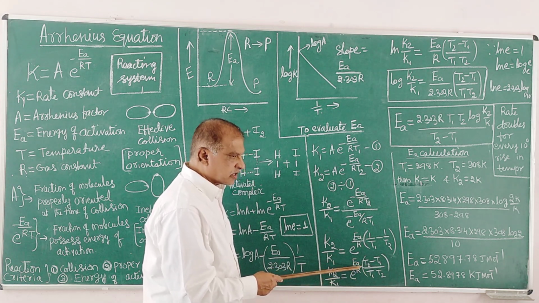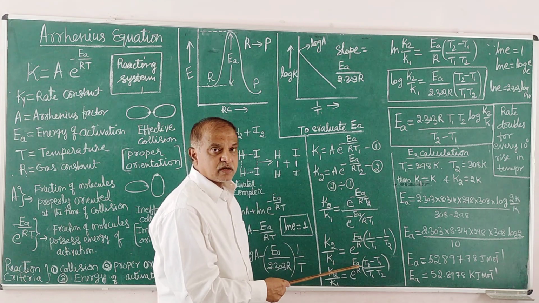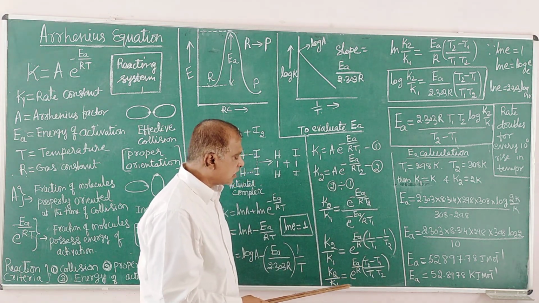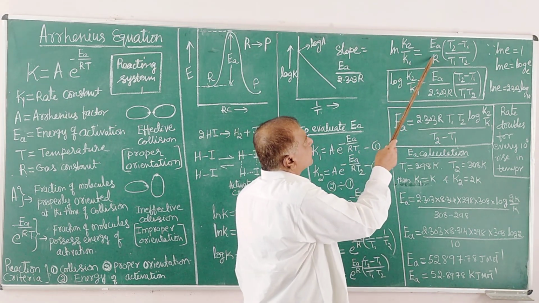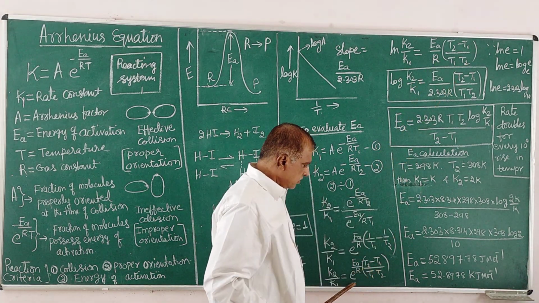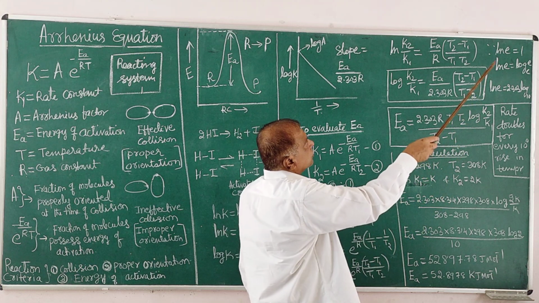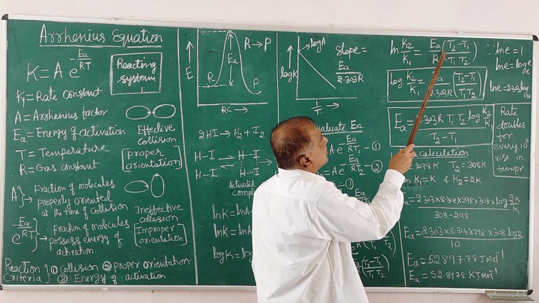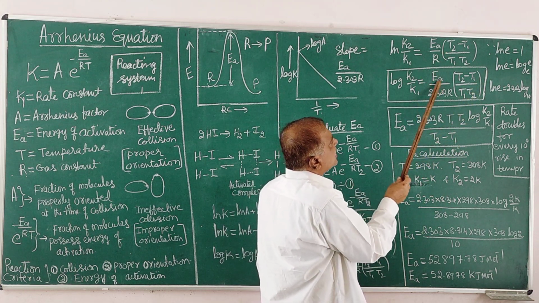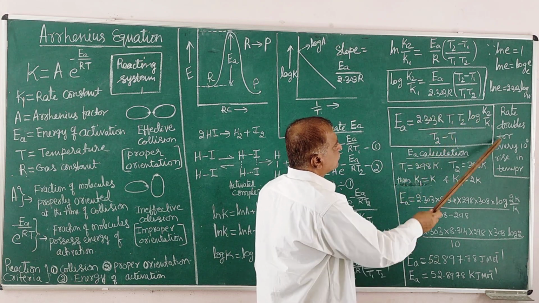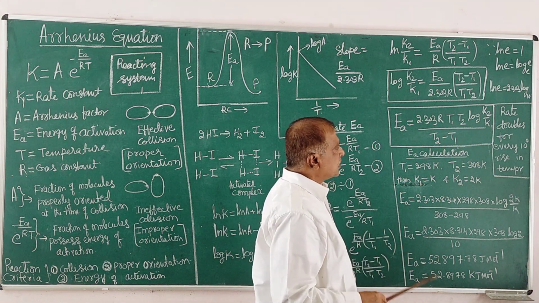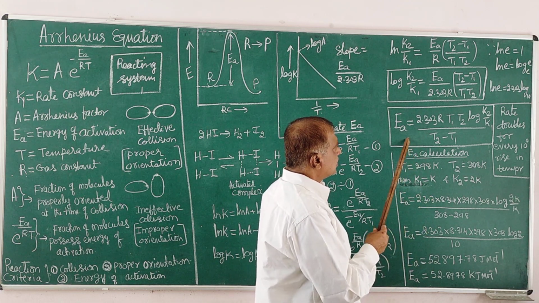This is the exponential term. To eliminate the exponential term, take log on both sides. Log of this, log of this, and log e into this, where log e is 1. That gives log k2 by k1, and finally Ea is equal to, by cross multiplying, you get this. So this is the final expression.